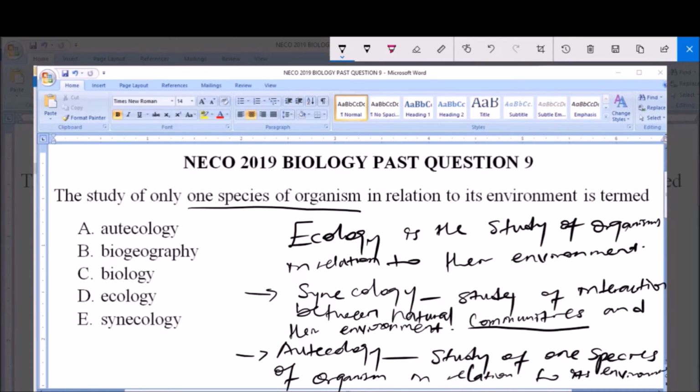So horticology is actually the answer to this question because it involves the study of only one species of organism in relation to its environment. But synecology, which is a branch of ecology, is the study of different communities, that is various species of organisms. So the answer to this question is option A, horticology.